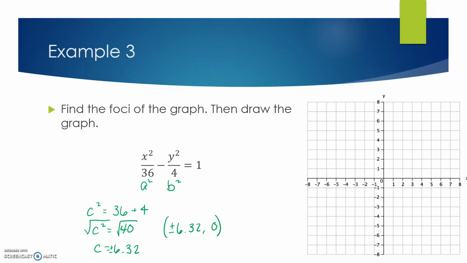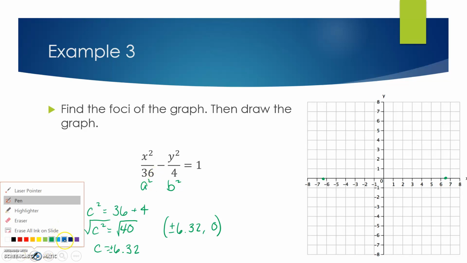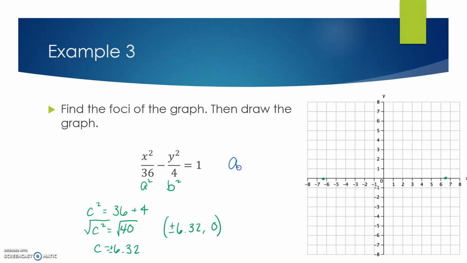And I'm going to go ahead and graph those points. It's a little past 6, not quite 6.5. It's kind of an estimate though. And then I'm going to graph my other points. A is going to be plus or minus 6 in the x-axis, and B is going to be plus or minus 2 in the y-axis.